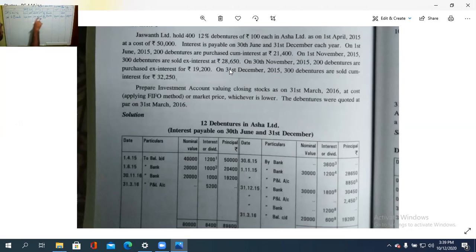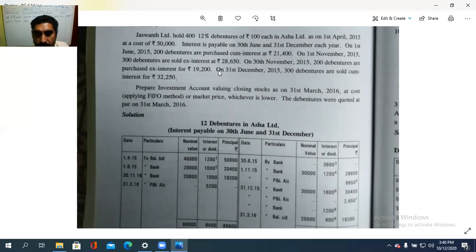So the next case, the 1st November one is over. Now the next is which day? 30th November, purchase by bank, isn't it? Yes. 200 debentures are purchased ex interest. So 20,000, this is 19,200, not 19,500. That is ex interest.